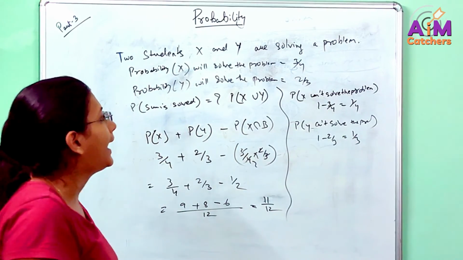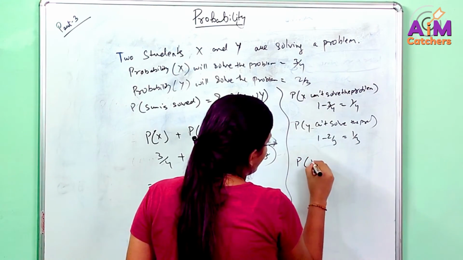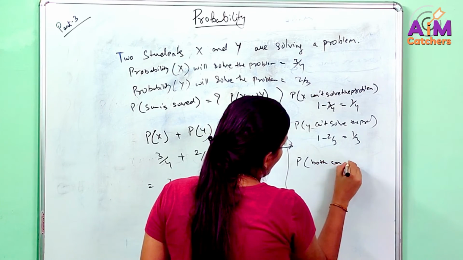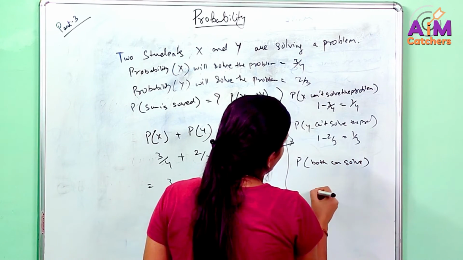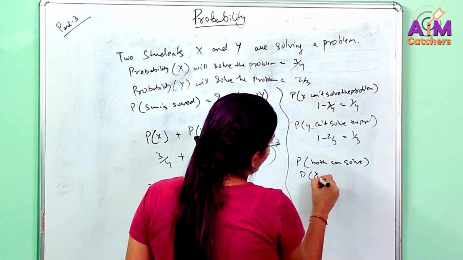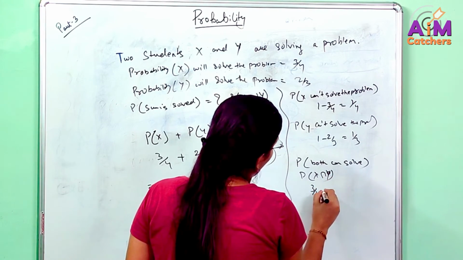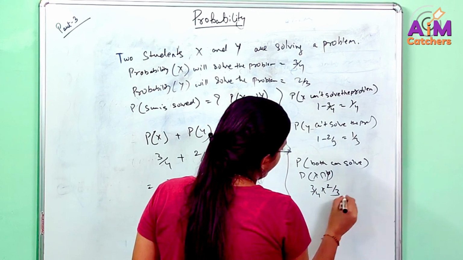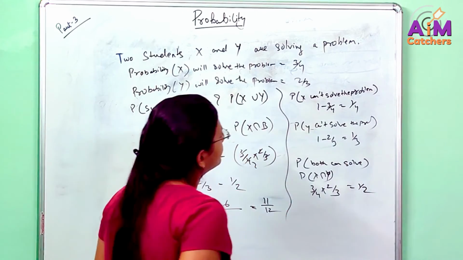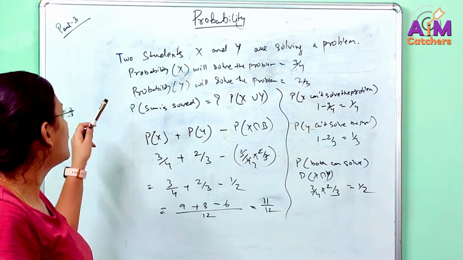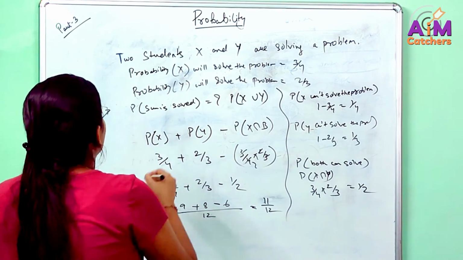Okay? And probability that both can solve it. Both can solve it is probability of x intersection y. That is 3 by 4 into 2 by 3. 1 by 2. So you get to learn 4 types of questions here.